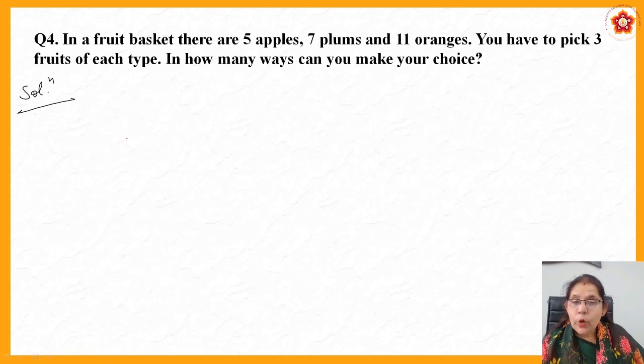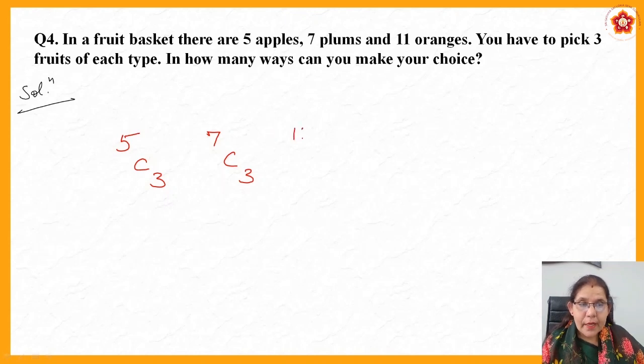So out of 5 apples, we have to pick 3. Out of 7 plums, we have to pick 3 plums. And they can be any. Out of 11 oranges, we have to pick 3 oranges.